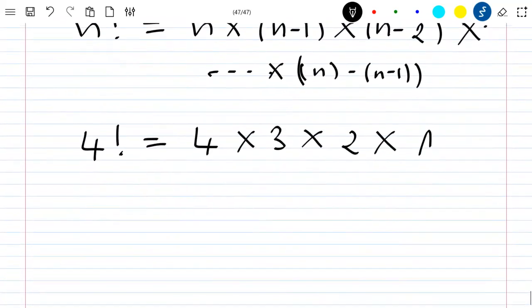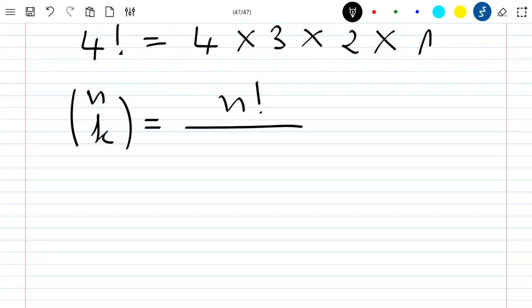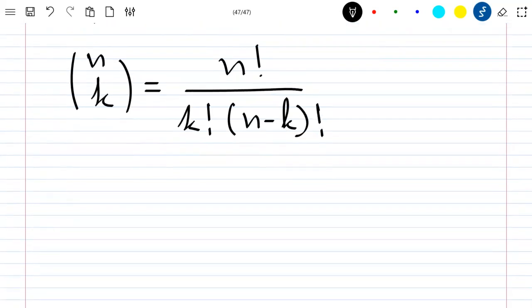Let me recall it: n choose k is equal to n factorial divided by k factorial times (n minus k) factorial.